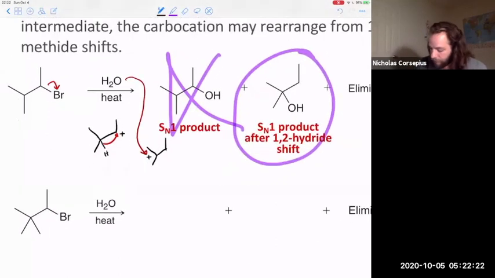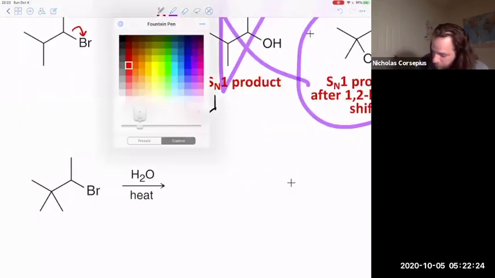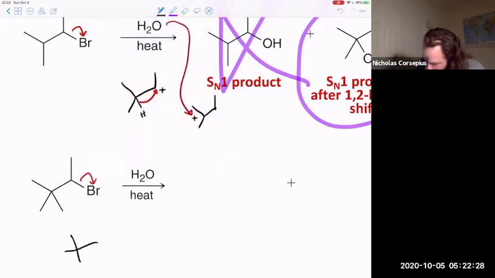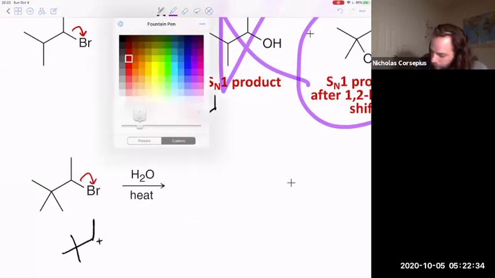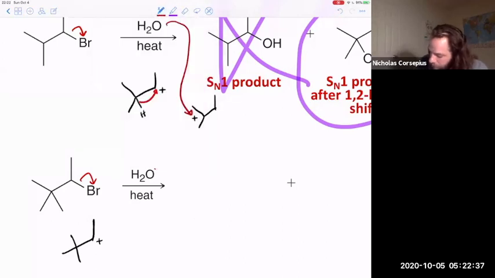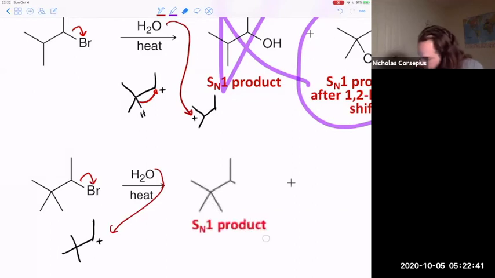Likewise, same thing over here, right? So if we had that first step being our loss of a leaving group, we would have a carbocation that looks like this. If water did attack, that would give us our regular old SN1 product. After that, I'm being lazy by not showing the deprotonation step that would happen as well.